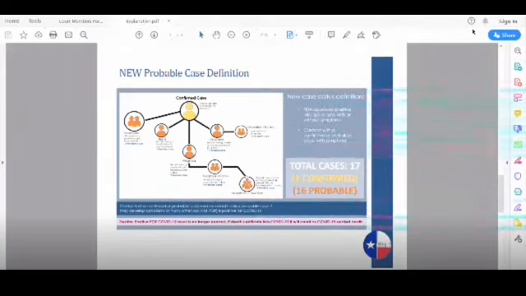All of the orange boxes are coworkers and family members and neighbors and friends, folks that have had some kind of contact with the confirmed case. And again, they all satisfy the green box. So as long as they can satisfy one of the blue boxes or the orange box, then they are all considered a probable case.